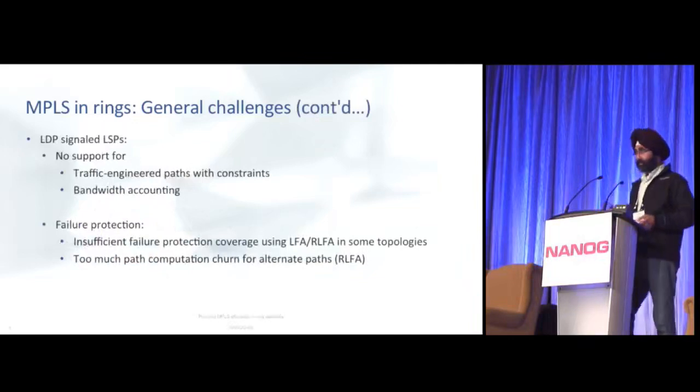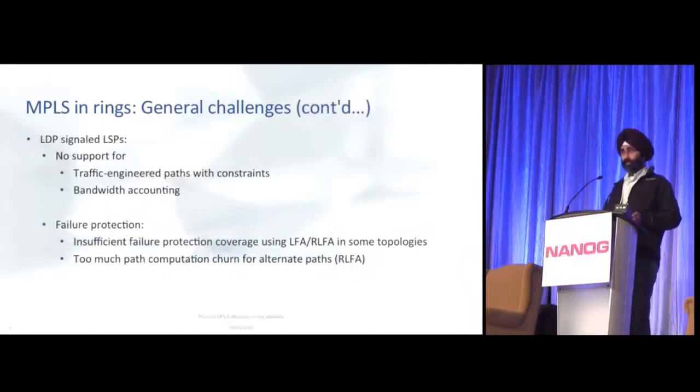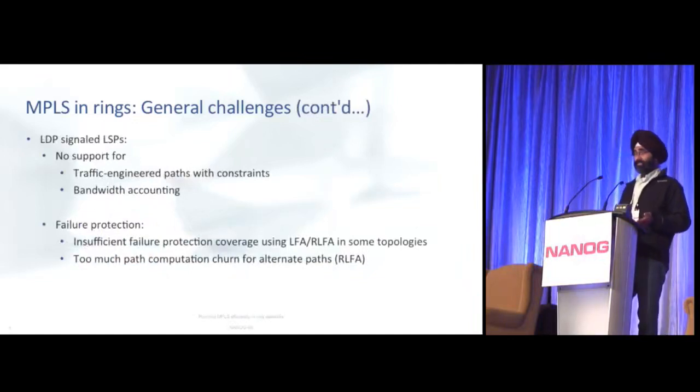Now, if you were to be running LDP to set up your LSPs in a network, LDP doesn't give you any traffic engineering using constraints. It does not allow bandwidth accounting or setting up LSPs with specific bandwidth constraints in the network. It does give you some failure protection if you use a technique like LFA, loop-free alternates, or remote LFA.